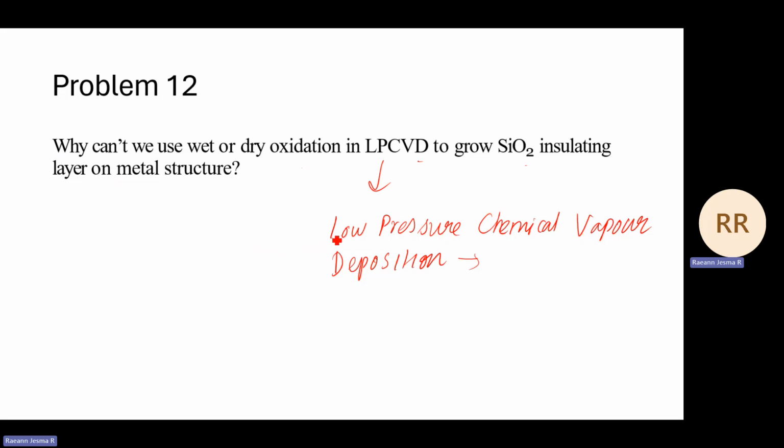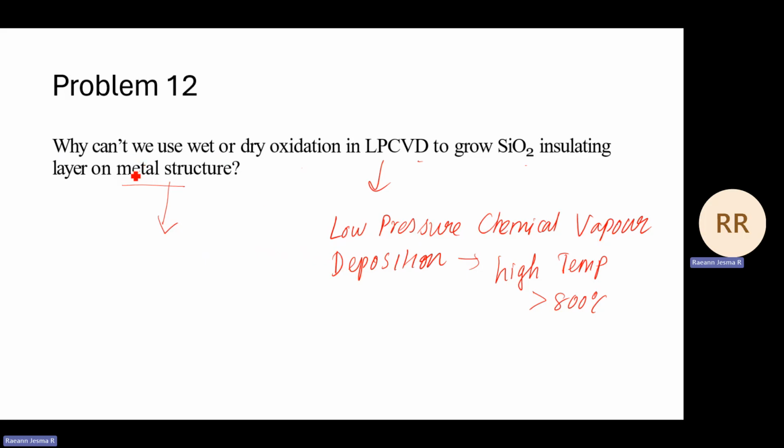Generally, in order to control the deposition process, we'll have very high temperature, greater than 800 degrees centigrade. Most of the metals have a lower melting point than 800 degrees, so they will not be able to survive those high temperatures.